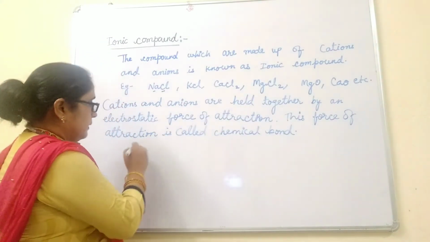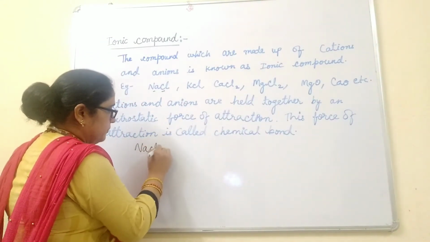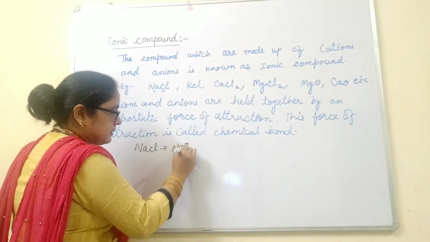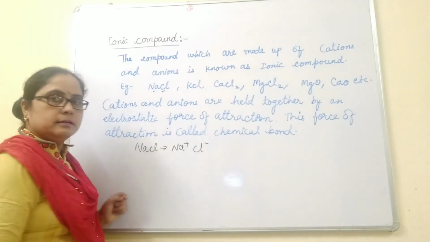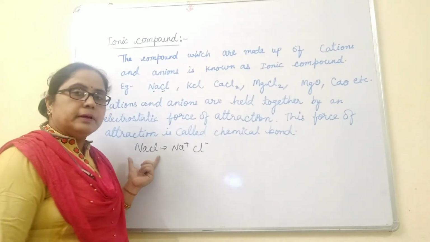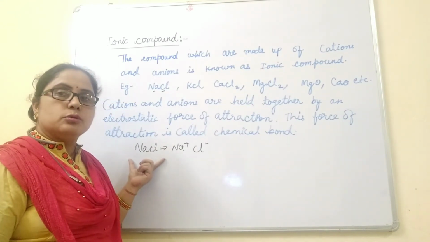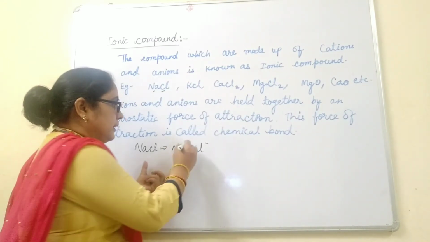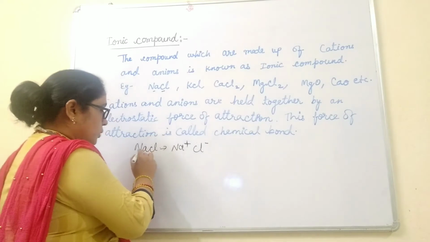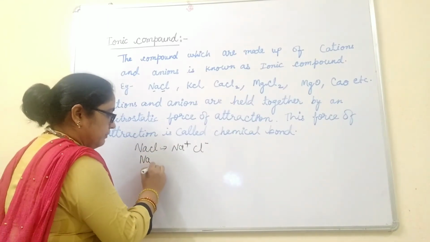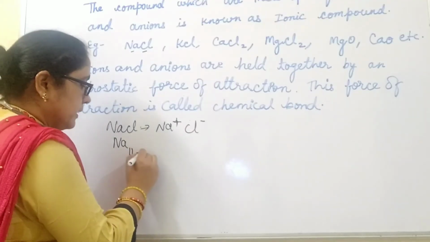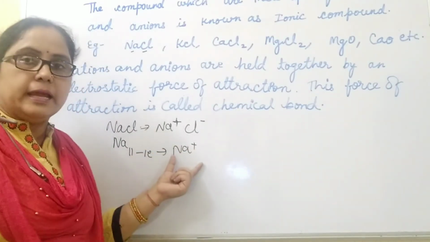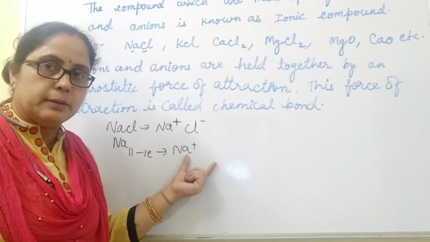For example, NaCl contains Na+ and Cl−. In simple form, it looks like there is no charge, but internally it is made of cations and anions. Sodium contains 11 electrons. When it loses 1 electron, it gets positively charged and becomes Na+ ion, called the sodium ion.